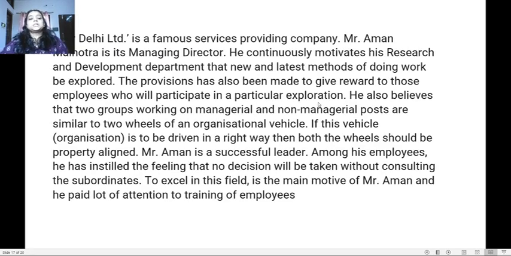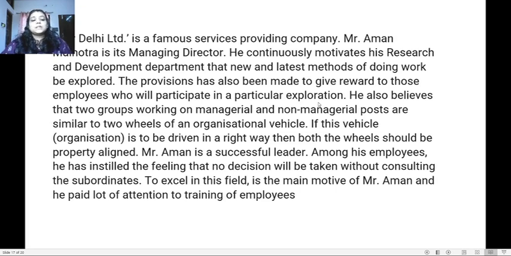New Delhi Limited is a famous service providing company. Mr. Aman Manotra is a managing director. He continuously motivates his research and development department that new and latest methods for doing work be explored. The provision has also been made to give reward to those employees who will participate in a particular exploration.